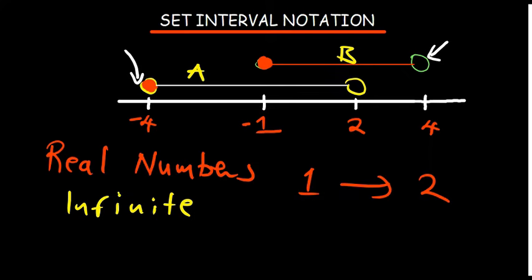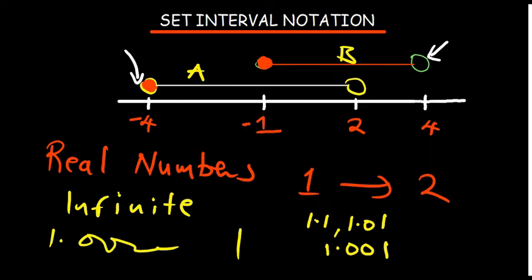A number like 1.1, a number like 1.001. Notice that I'm coming up with a lot of numbers that you didn't even think about. So we have unlimited numbers, because somebody may decide to say 1.000, add a lot of zeros, then 1.